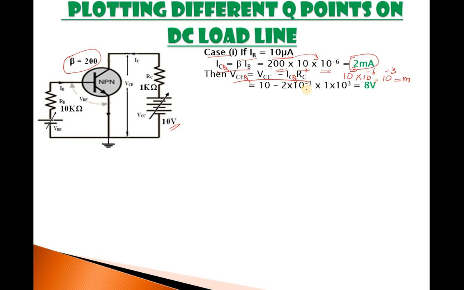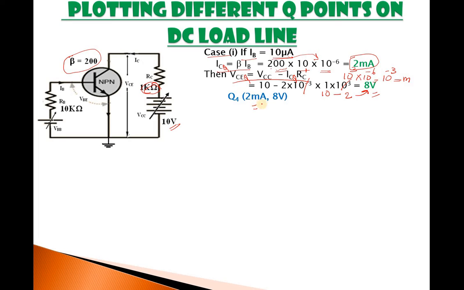As I said, milli is 10 raised to minus 3, into RC, which is 1 kilo ohm, given here. Kilo is actually 1000, 10 raised to 3. If I take this, this will become 10 minus 2 times 10 raised to minus 3 times 10 raised to 3. The 10 raised to minus 3 and 10 raised to 3 cancel, so I will have only 2. 10 minus 2 is nothing but 8, and the unit is volt.